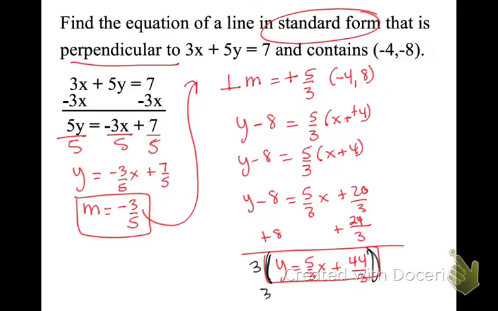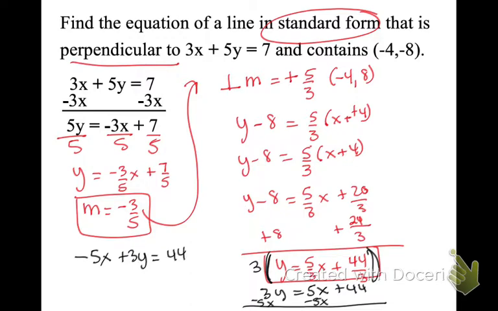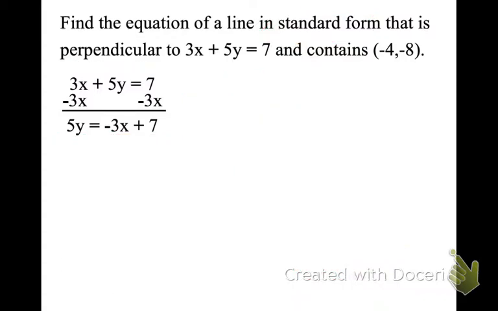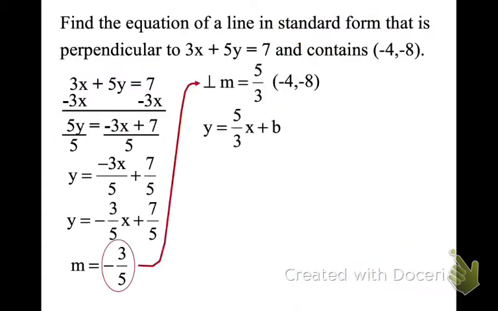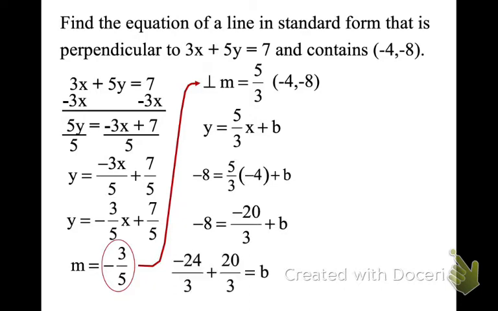And so I get 3y equals 5x plus 44, and I subtract the 5x, and we get, sorry, I have no more room, -5x plus 3y equals 44. Okay, let's put it in PowerPoint. They used this.